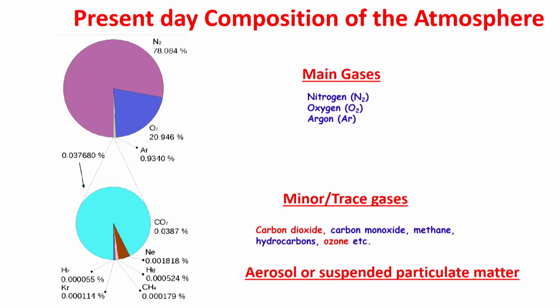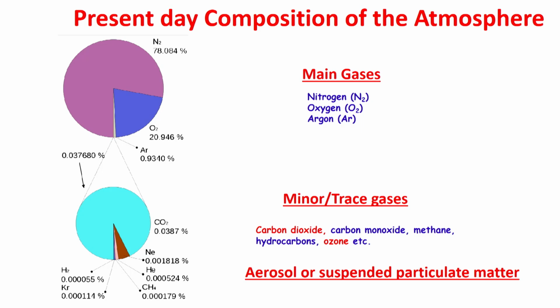Although they are called minor or trace gases, they are really important to study the present day atmospheric composition as well as climate change science, and how they change the radiation and the many photochemical reactions happening on the earth's surface. We will study that at a later stage.